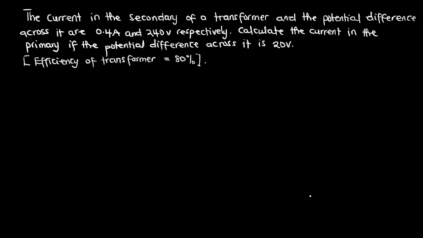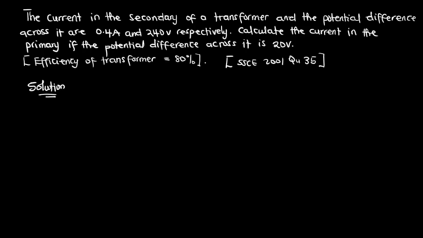Remember that the efficiency of the transformer is 80%. Actually this is the SSC 2001 question number 35. All right, objective question. Then again, like I said, let's look at the solution to this problem.